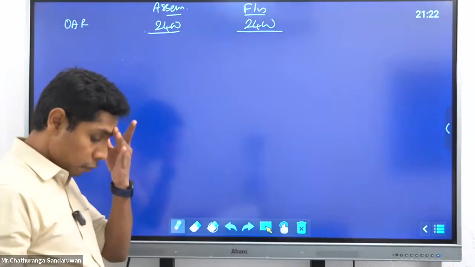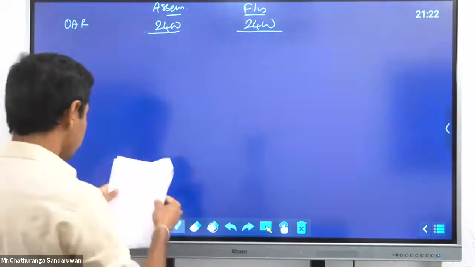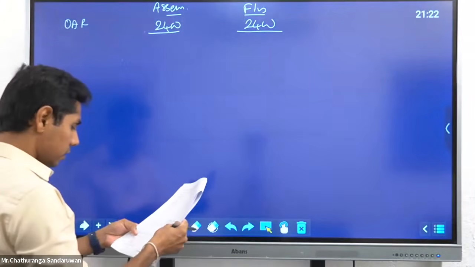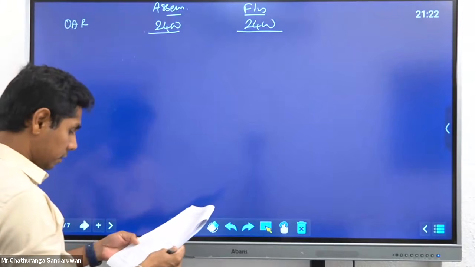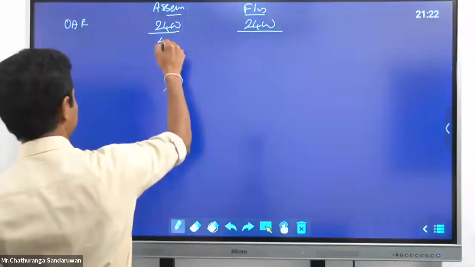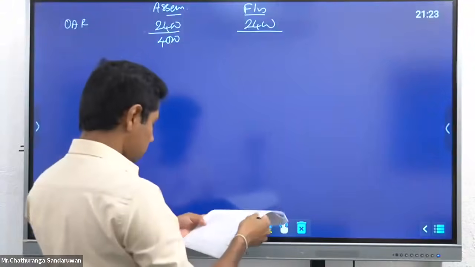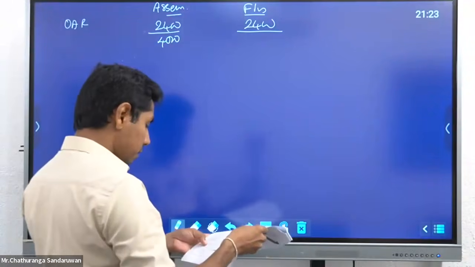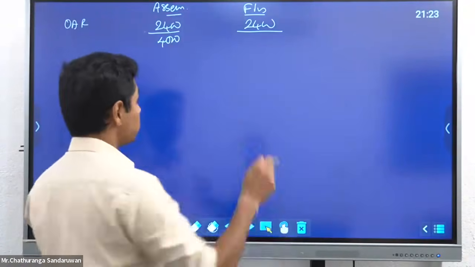The absorption basis for assembly is direct labor hours, so divide by the budgeted total direct labor hours of the assembly department, which is given as 4,000. For finishing, the absorption basis is machine hours, with budgeted total machine hours of 6,000.